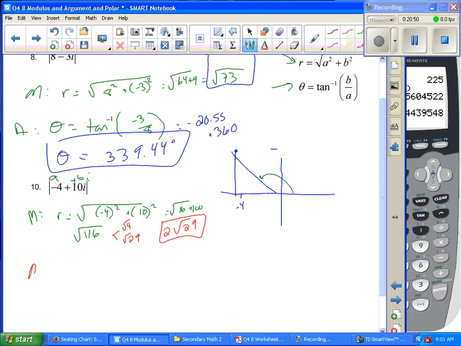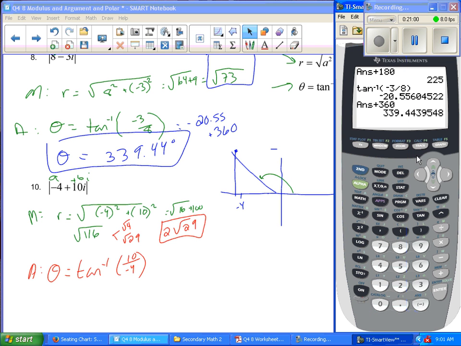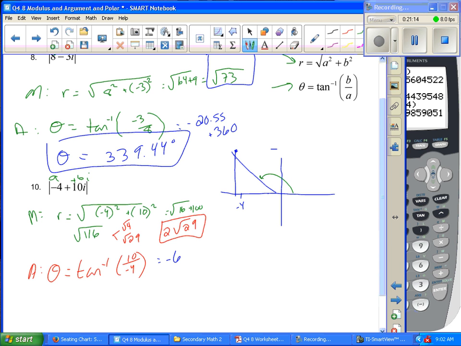Now to get the argument, that's where we do the theta equals inverse tangent of b over a. My b was 10, my a was negative 4. So I just type that into the calculator. And I get negative 68.19.